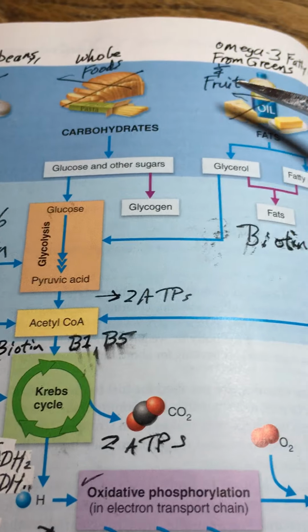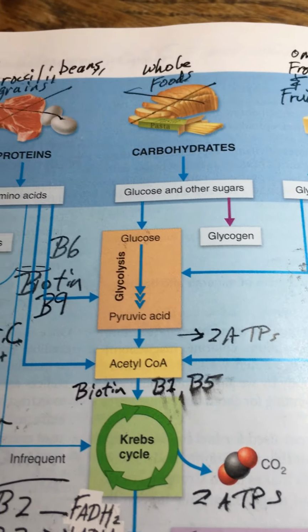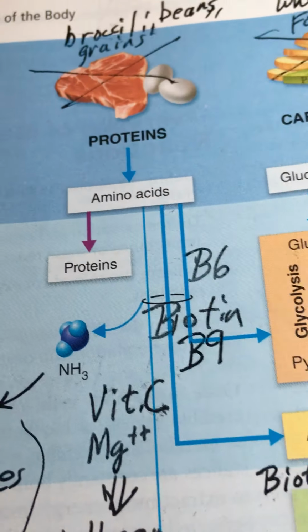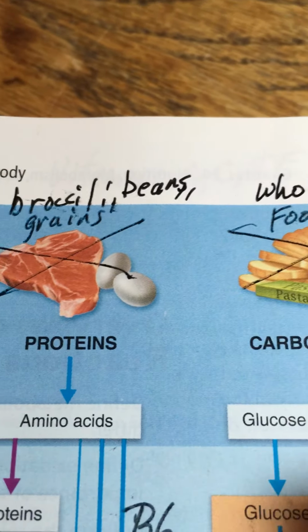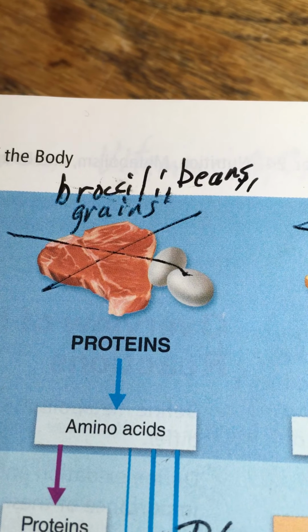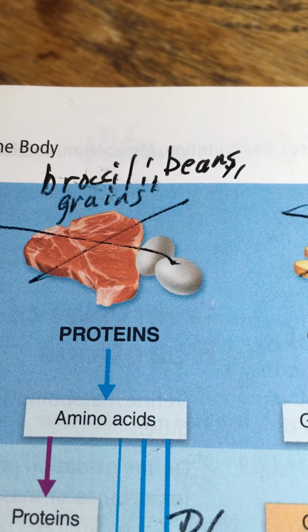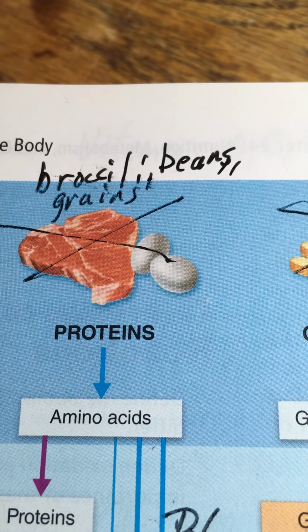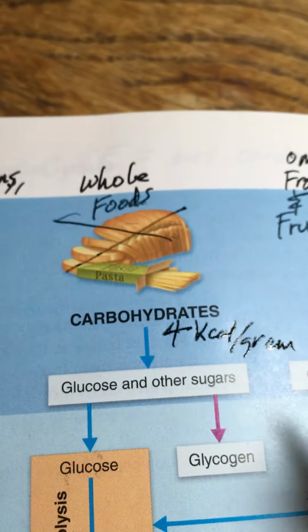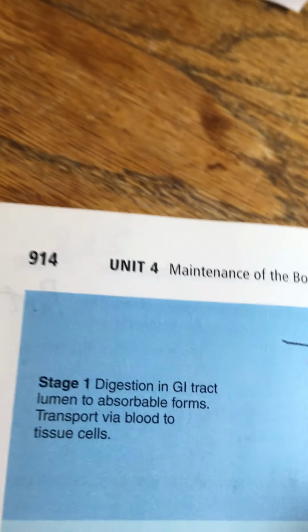And then let's go over to fat. This is an interesting situation here because carbohydrates represent 4 kilocalories per gram. Right there, 4 kilocalories per gram.